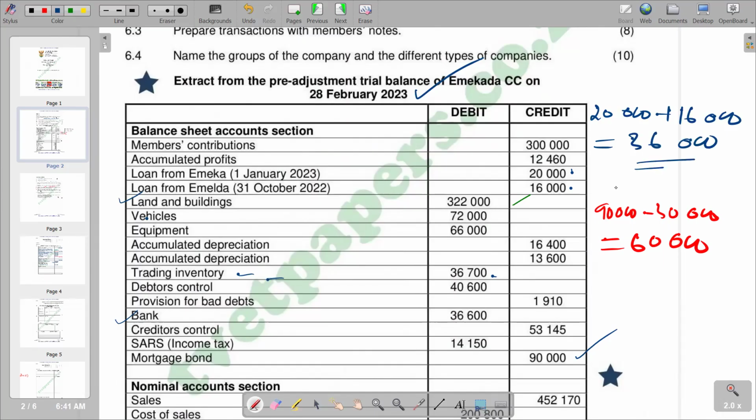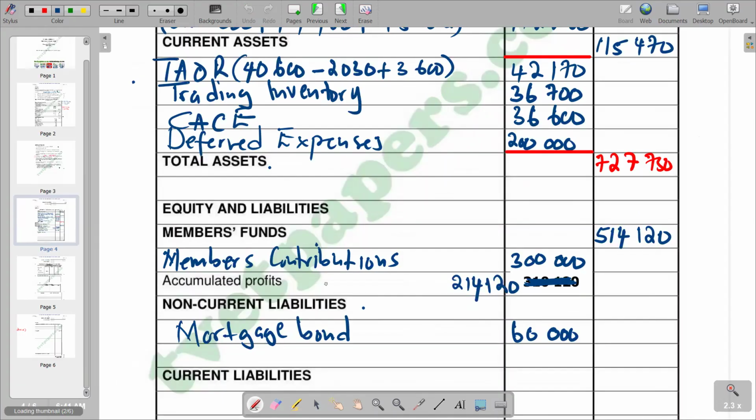So this is the total for loans, and this is the figure that we are going to put here as loan from members. Remember we got 36,000. So if you add the two figures, 60,000 plus 36,000, you get 96,000 as a representation of our non-current liabilities.